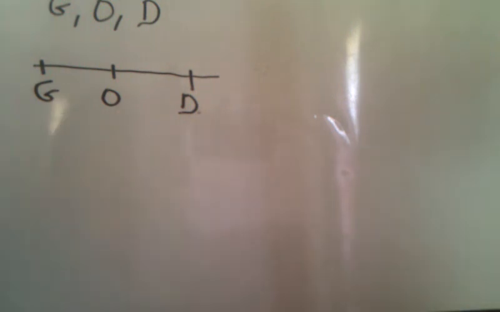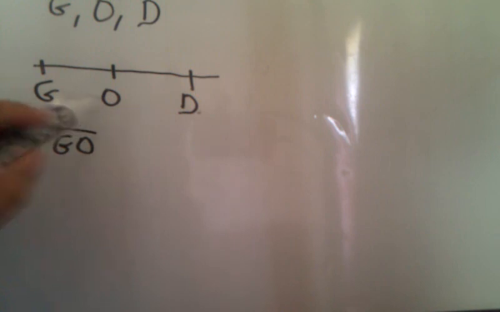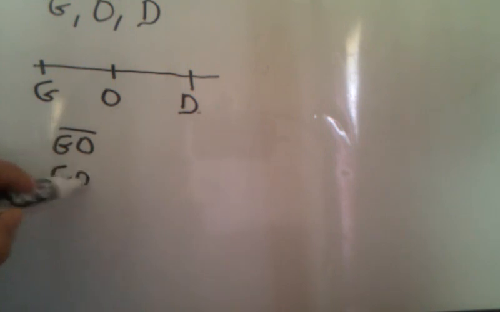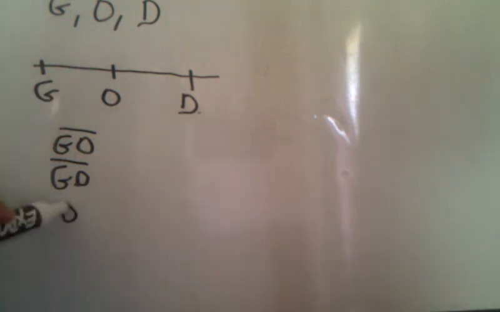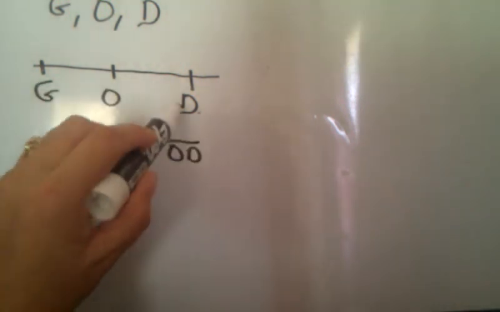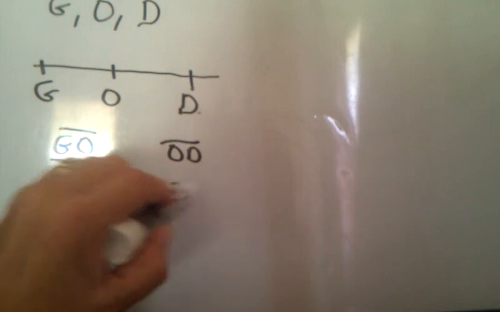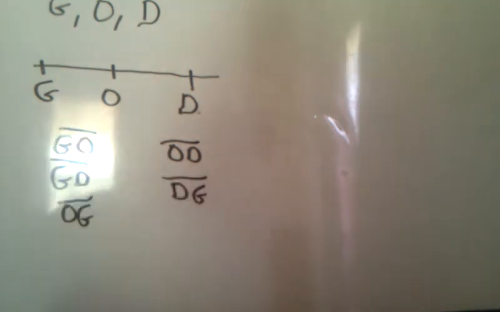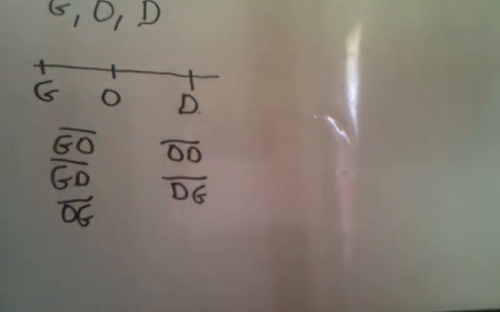Okay. You should have said GO, and I can go from G to D. I can go from O to G. Technically it's the same thing, but I can go from O to D. And I can go from D to G, right? So there's all those line segments. Okay?